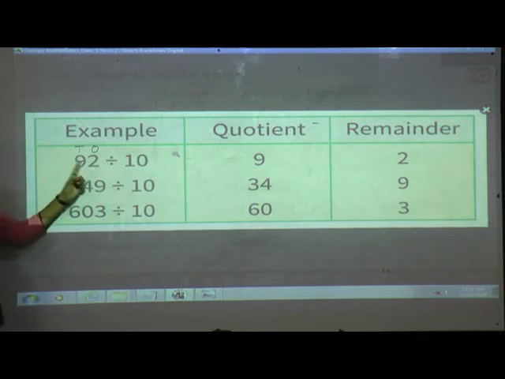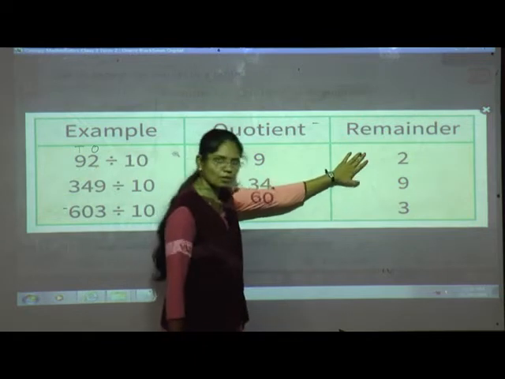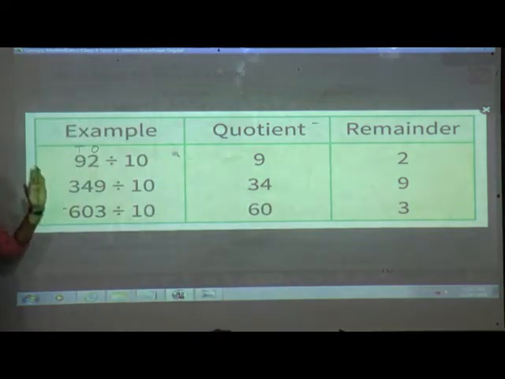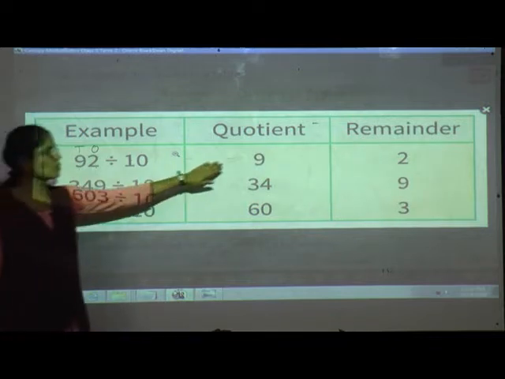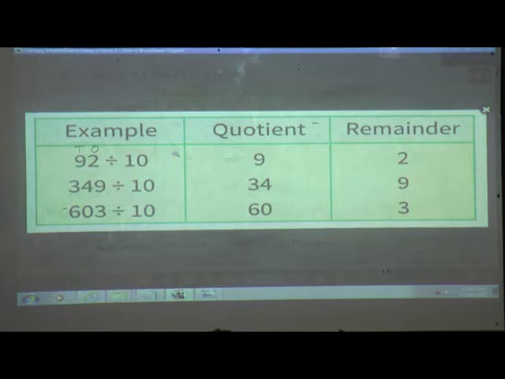In 92, at the ones place, 2 is there, so that is the remainder. And whatever numbers remain will be the quotient. So when we divide any number by 10, the digit in the ones place of the number is the remainder and the other digits of the number form the quotient.